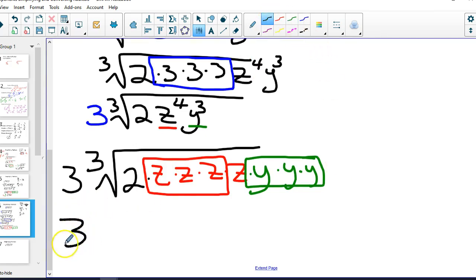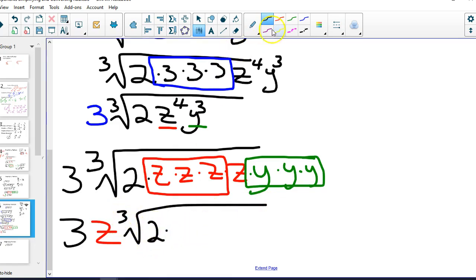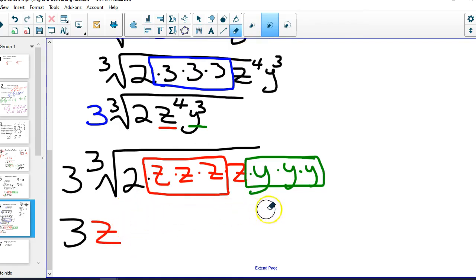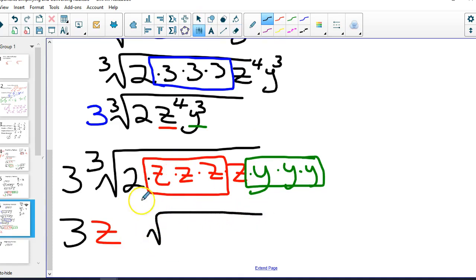So in front we have our 3z, our cubic root of 2, oh, forgot our y, let's move that over. Cubic root, we have our y on the outside because we also had a set of y's.